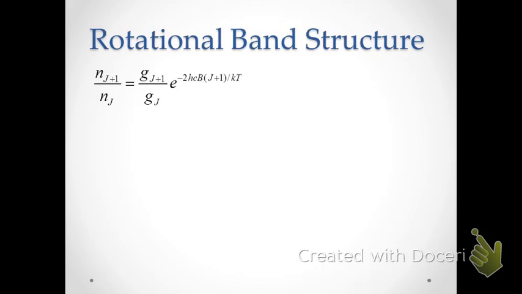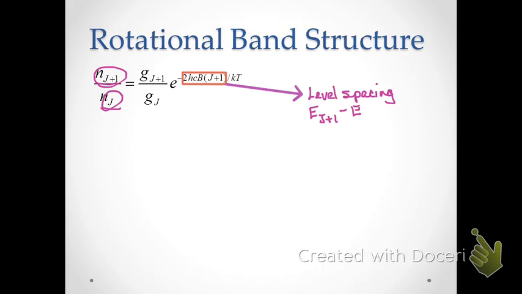This equation shows us the relative populations of two successive levels, level J plus 1 and level J. In that equation, we'll note that the exponential term, the 2hcB J plus 1, is the energy spacing between those two levels, simply equal to that energy difference.